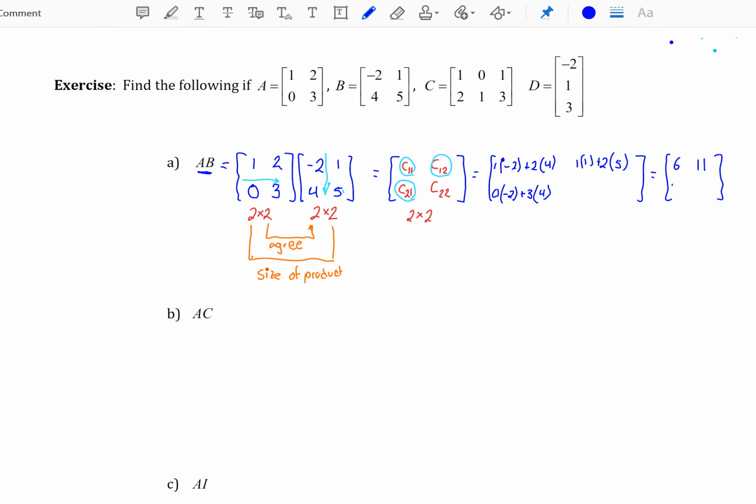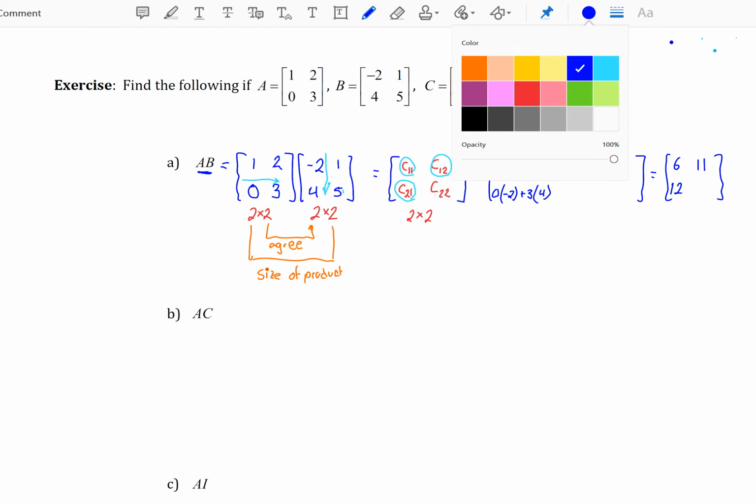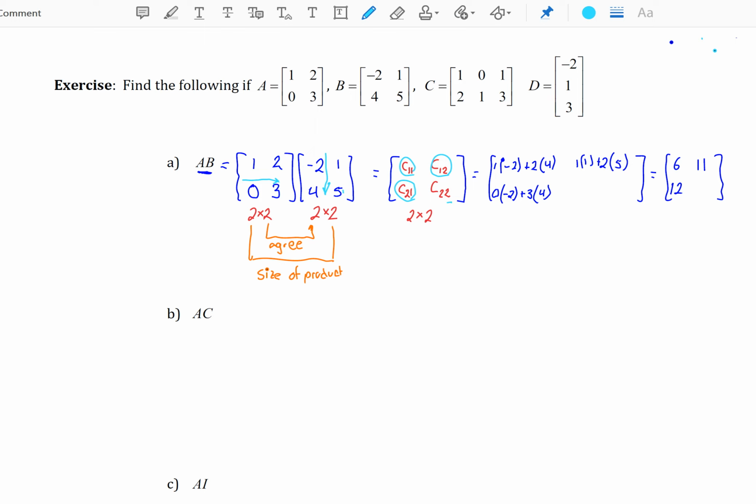And I believe this should be 12. Last one, C22 position.